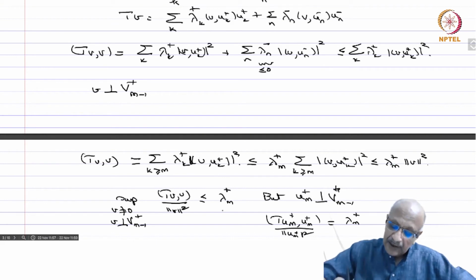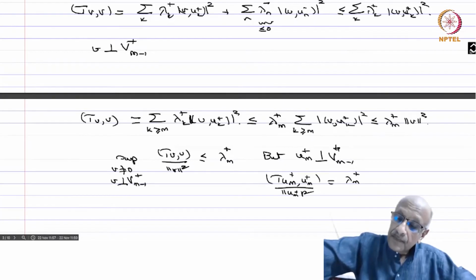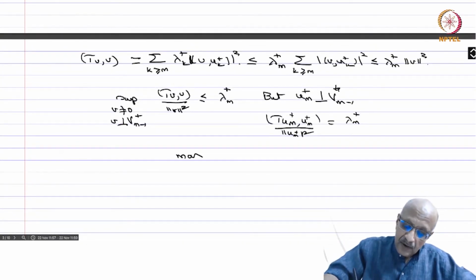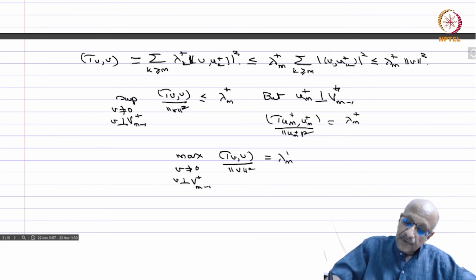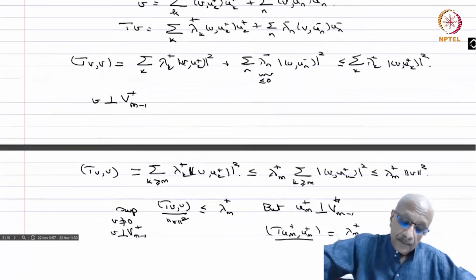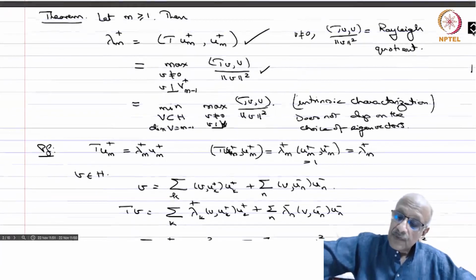So there is an element here for which this is attained, and therefore you have max over v not equal to 0, v orthogonal to v_{m-1}^+, of (Tv, v) by norm v square equals lambda_m^+. So that is the second statement which we have.